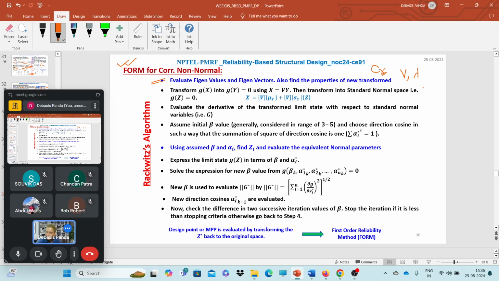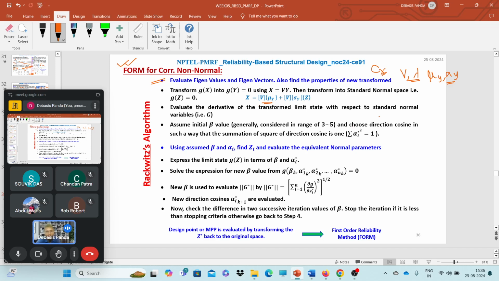With those, we get the parameters of the y space, mu y and sigma y. Then we can directly convert x into z. Here I have omitted the intermediate step and written x to z directly: V into mu x, V into sigma x into z.